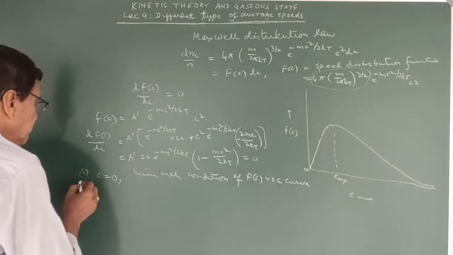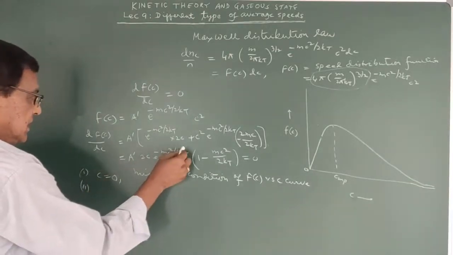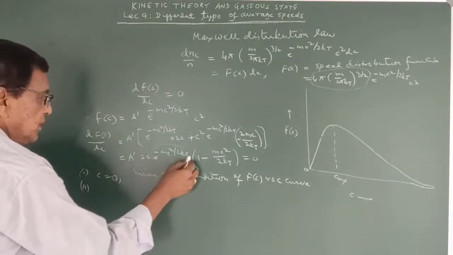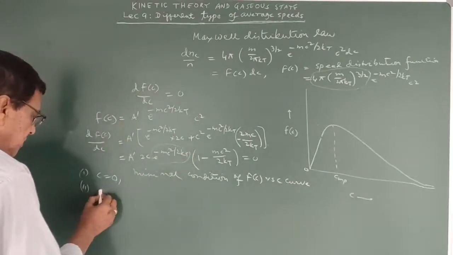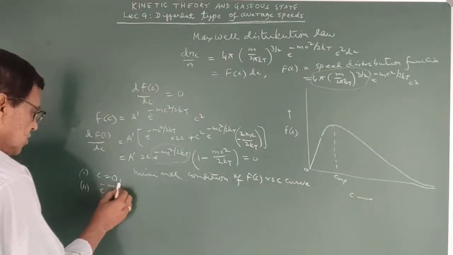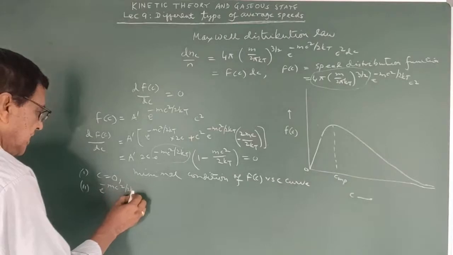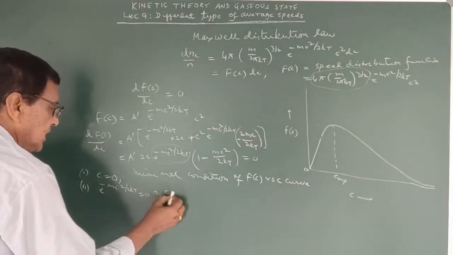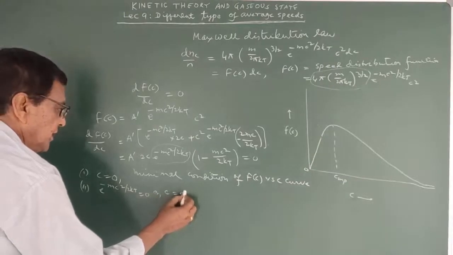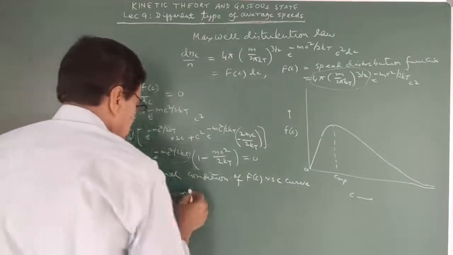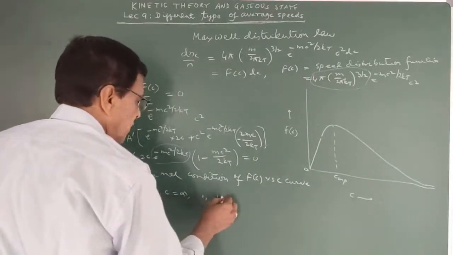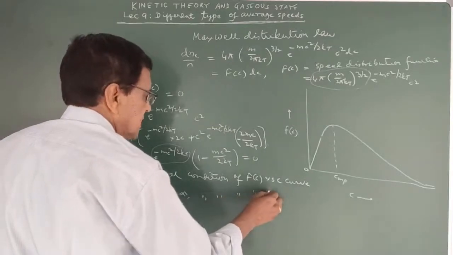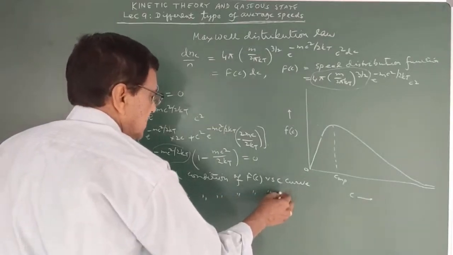Again, second, this term may also be equal to 0. So e to the power minus mc² by twice kT equal to 0, or c equal to infinity. So this is also the minimal condition of the f(c) versus c curve.